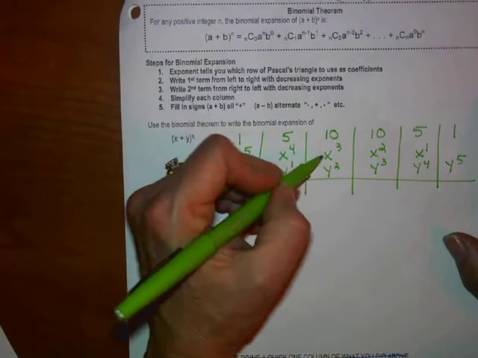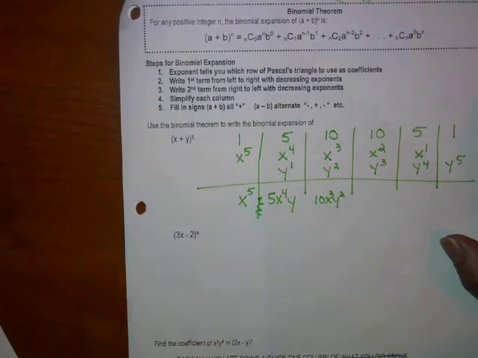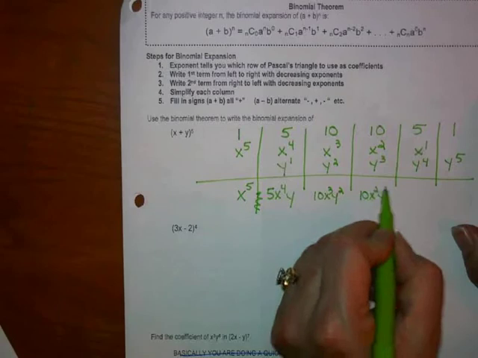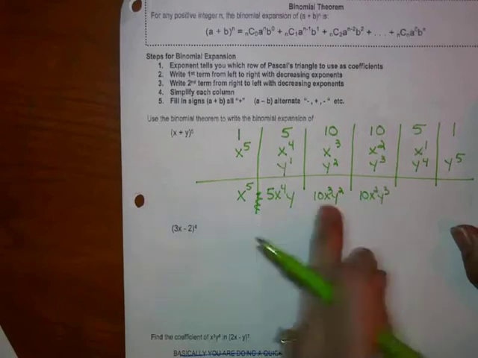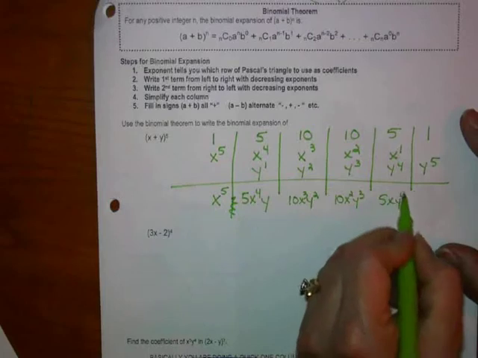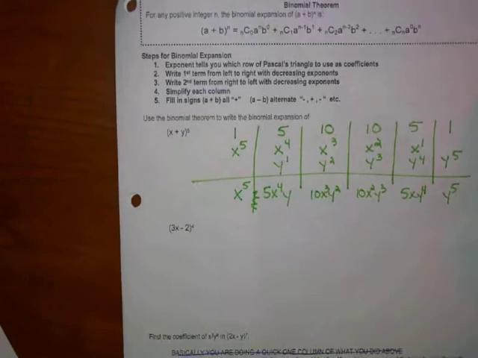Same thing here. This is going to be 10 times this, and it's just 10x cubed y squared. Same thing here, 10x squared y cubed. Notice the difference in the exponents here. And then here is 5xy to the fourth, and then multiply down and you have y to the fifth.